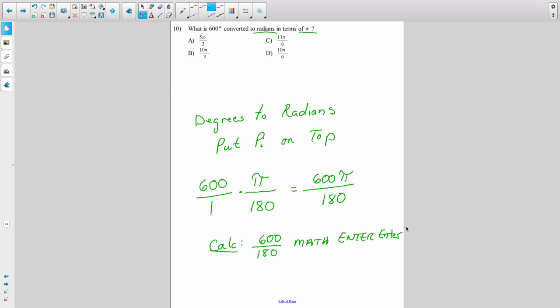Okay? So 600 divided by 180, math enter enter, and you'll see that you get 10 over 3. Put the pi back, and there's your answer, choice B.